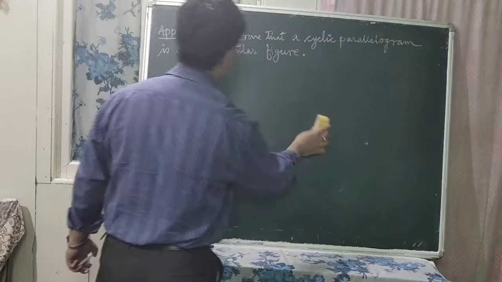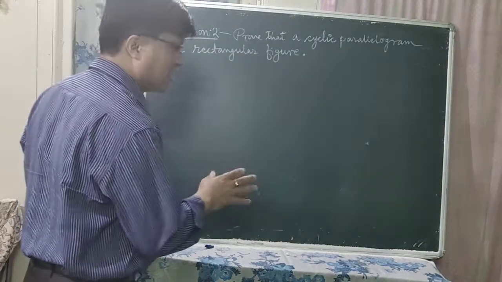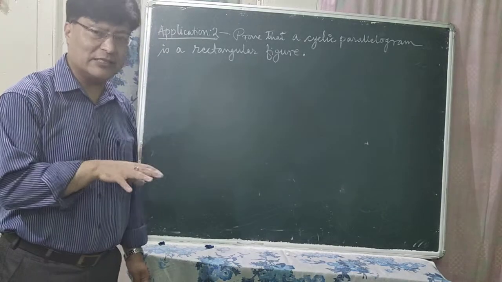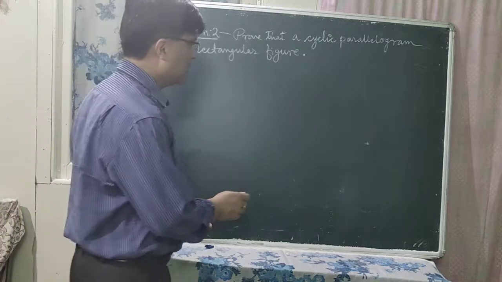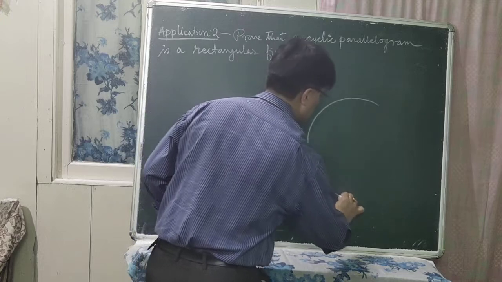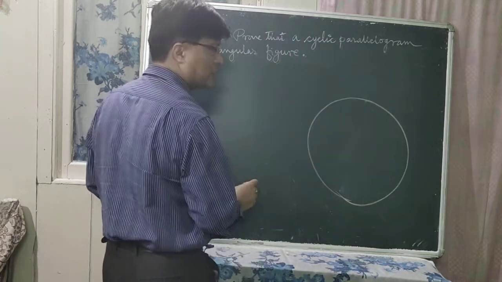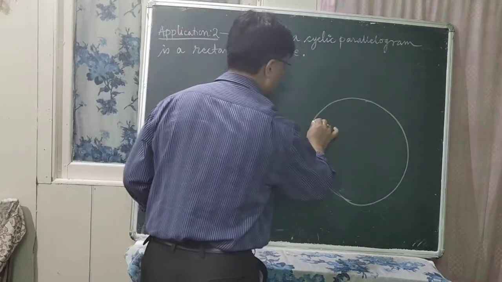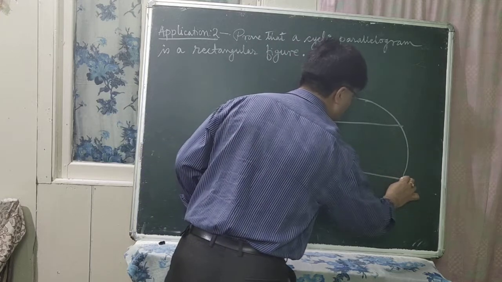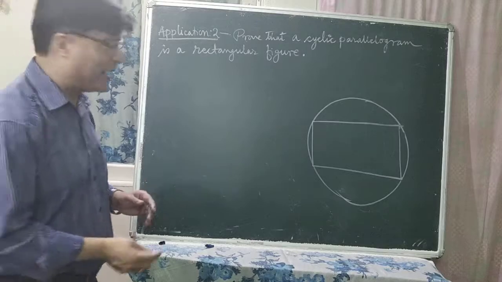So now let us prove this application number 2. You have to prove that a cyclic parallelogram, that is a parallelogram inscribed in a circle, is a rectangular figure, right? So let us draw the figure now. It is a circle, and inside the circle you have to draw a parallelogram, whose opposite sides are equal and parallel.